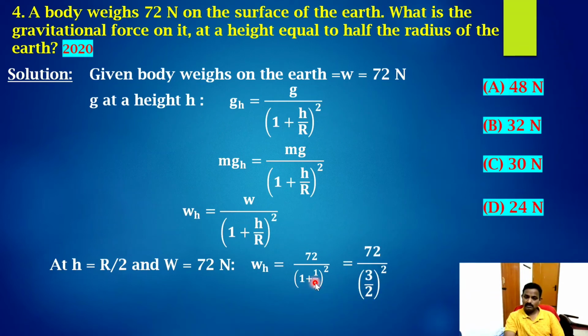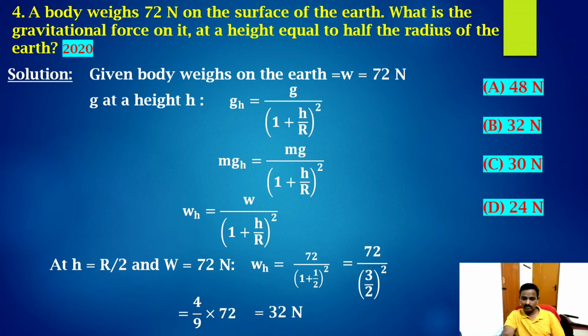So here 1 plus 1 by 2 means 3 by 2 whole square. So we got 72 by 3 by 2 whole square, that is equal to 4 by 9 into 72. So we got 32 Newton. So we got the weight at a height equal to half the radius of the earth, that is 32 Newton. So from the given options, option B is the answer, my dear.